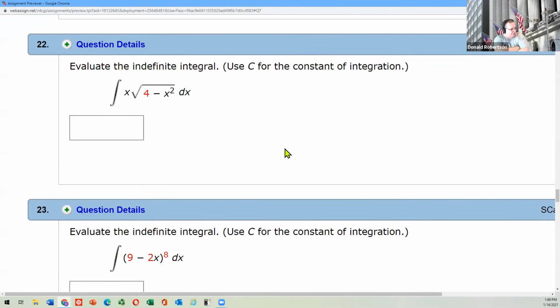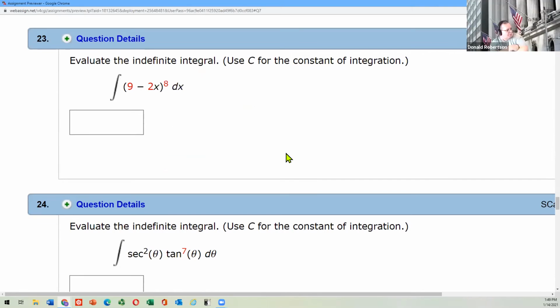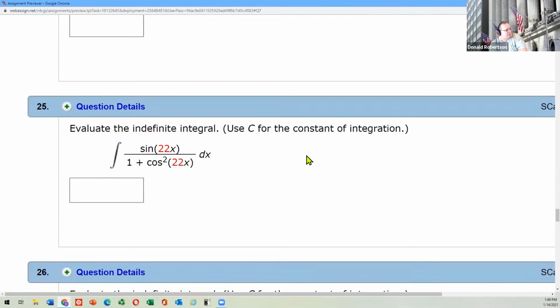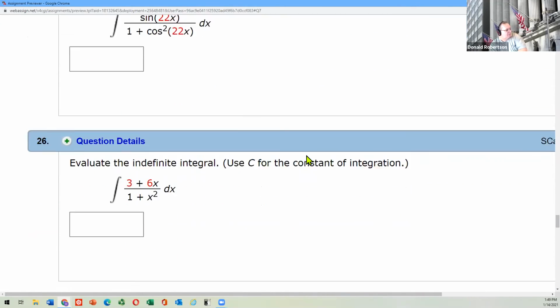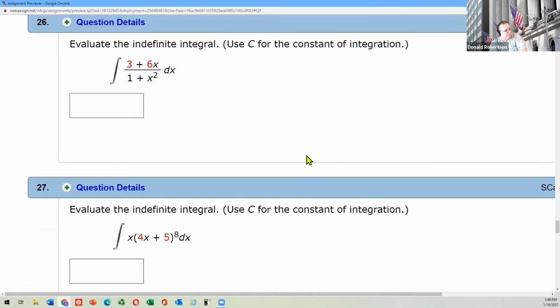What about question 22? 4 minus x squared. What about 23? 9 minus 2x, yeah. You're showing 26 and 27.